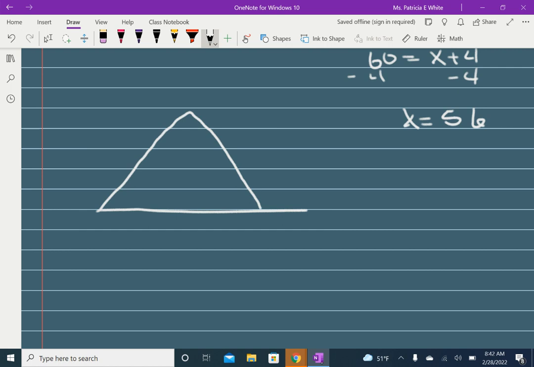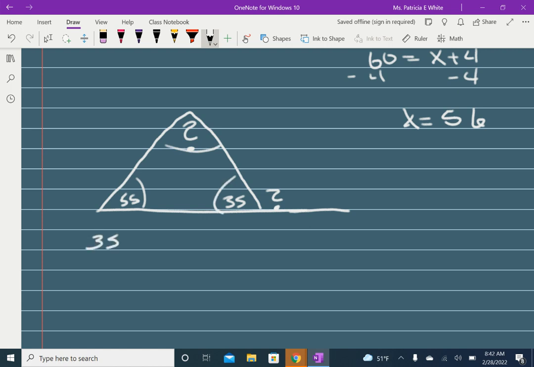Now, I give you these two and 35, and I want these two. Well, these three have to add up to 180, right?